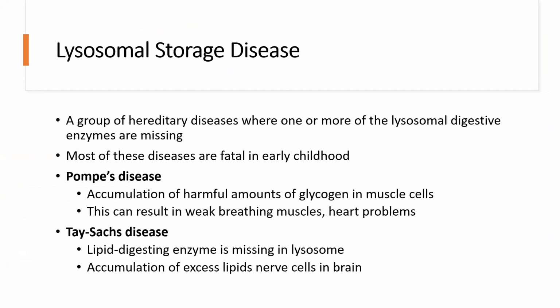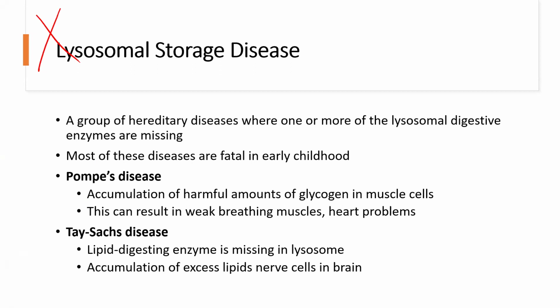Now, I'm not going to test you on this, but very briefly, I'm just going to put an X here, as in you don't have to memorize it. The enzymes inside the lysosome, there are many different enzymes. And these enzymes, as I tell you, are proteins, which means the instruction to make them is in the DNA. And we should all know by now, DNA can change, DNA can mutate, right?